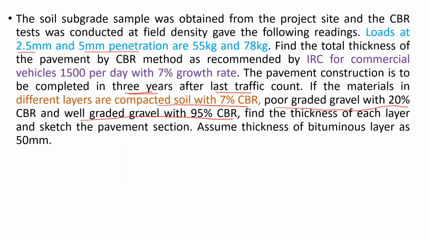Our aim is to find the thickness of each layer. First we have to calculate the CBR values corresponding to the penetration of 2.5 mm and 5 mm. The load at 2.5 mm penetration is 55 kg and the load at 5 mm penetration is 78 kg.